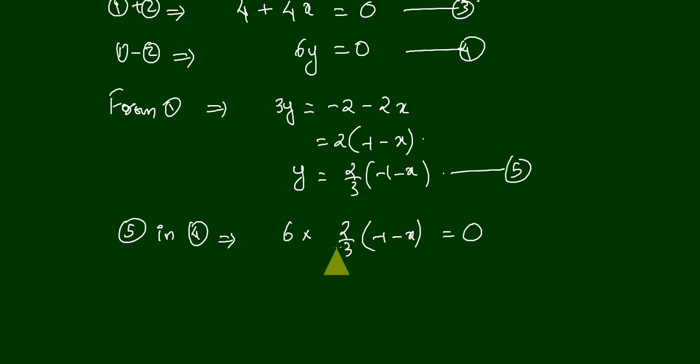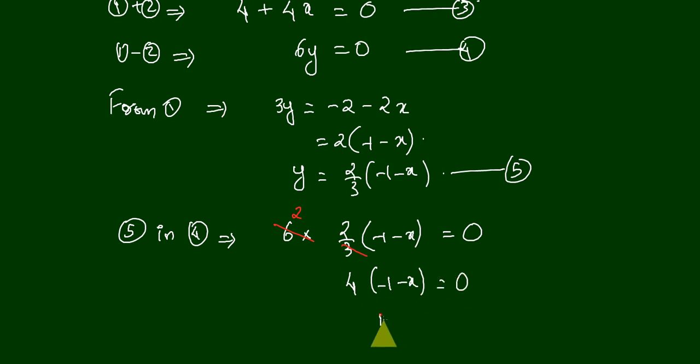It means that 6 and 3 will be cancelled, and we will get 2 here, okay. So we have 2 into 2, that is equal to 4 into minus 1 minus x is equal to 0.